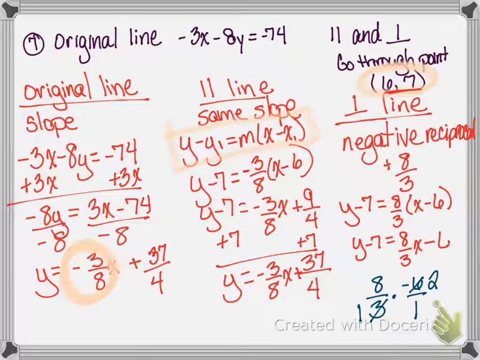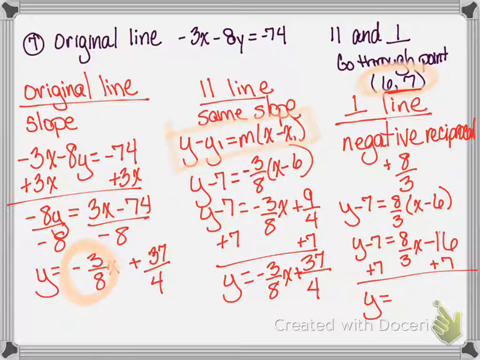So I have minus 16 right here. My next step, I add 7 to both sides. I'm left with y equals 8 over 3x minus 9. And that is my perpendicular line.